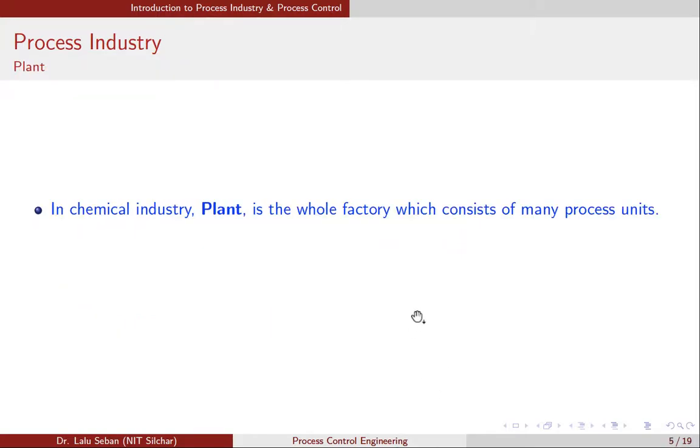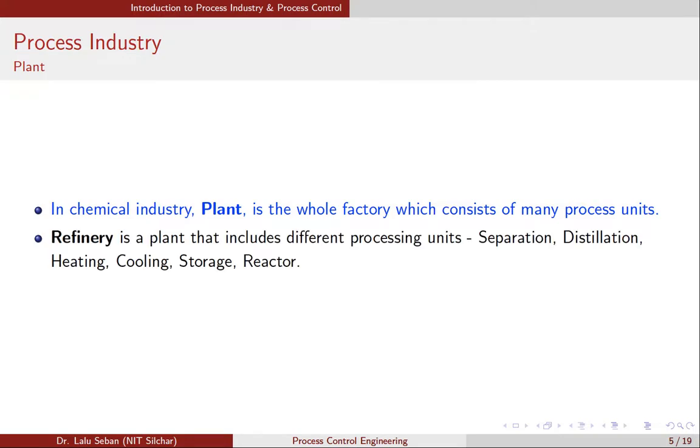Now coming back to process industry, one of the main terms that we hear again and again is plant. It is the whole factory which consists of many process units. We will see what process units are.